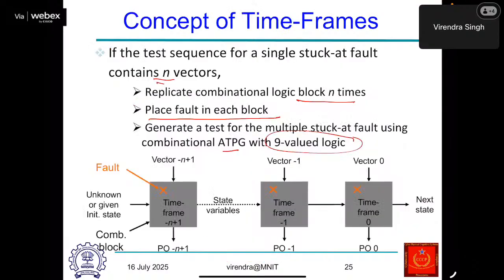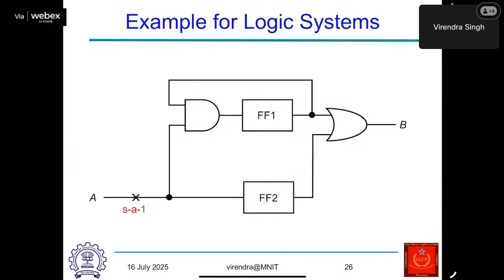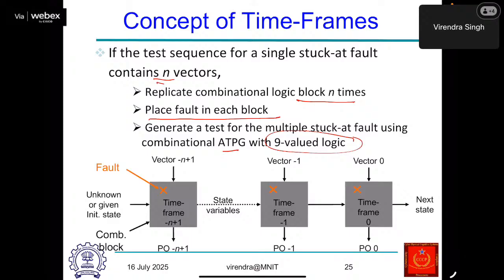So this is 5 valued logic. Now the question is, in combinational logic, it is guaranteed that if you are using the 5 valued logic, it will generate a test vector if a test vector exists. That's guaranteed. Is it still true for the sequential circuit, wherein I am converting it into equivalent combinational logic and then applying the combinational test generator?